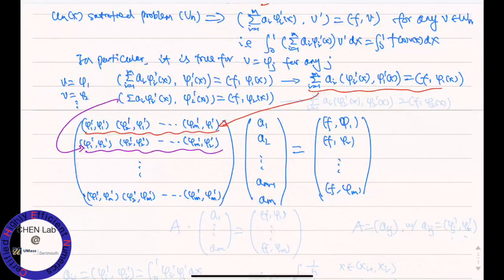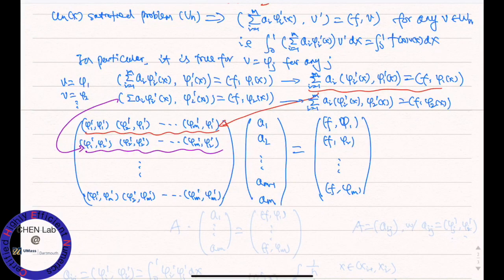Okay? Let's finish it here. So the v is phi 2. You can write down the integral of the sum as the sum of integrals, and then move out the constants. The same idea, phi_i prime of x. This is phi 2 prime, equal to f with phi 2 x. That's again our second equation. Same thing goes on and on to the last one when j is m.